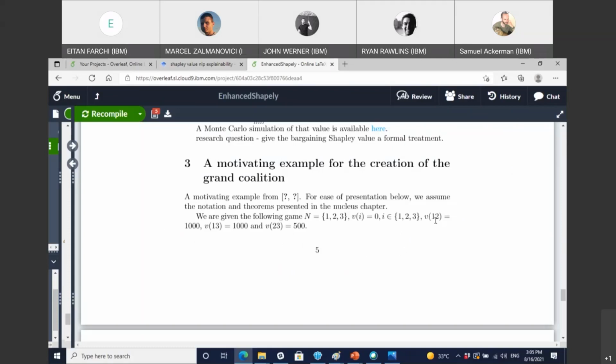These players are competing for an advertisement contract with another company, and if 1 and 2 or 1 and 3 get the contract, they'll get 1,000, but 2 and 3, who are of the same type, will get only 500. So if you have different types in the coalition, they'll get more. That's the idea of the game.